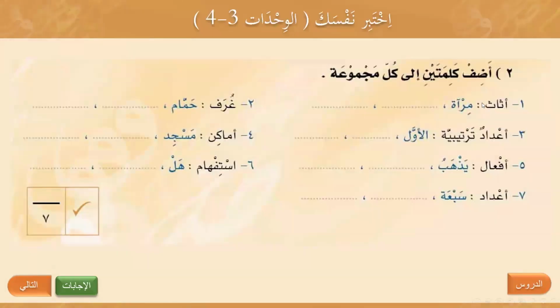Next, add two words to each set. Add, two words, to every set that we have over here. For example, the first one is athath, and athath is used for the furniture. So we have mir'atun, and in athath we have so many things like kursiyun and arikatun. You can add as many things as you want.